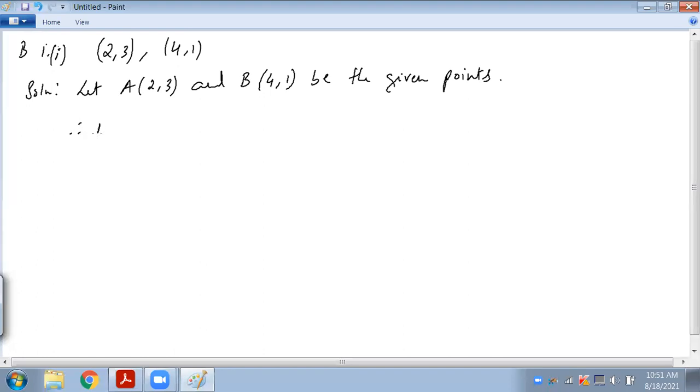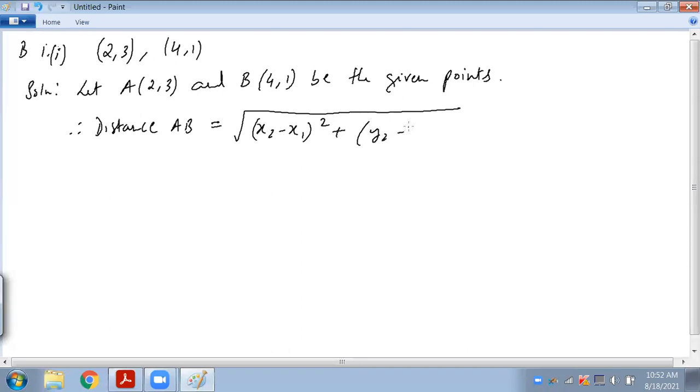Therefore, distance AB will be given by the square root of (x2 minus x1) square plus (y2 minus y1) square.